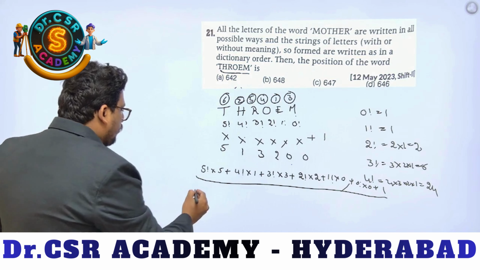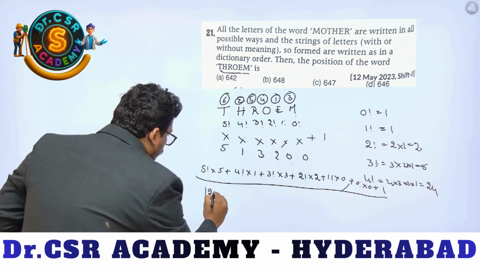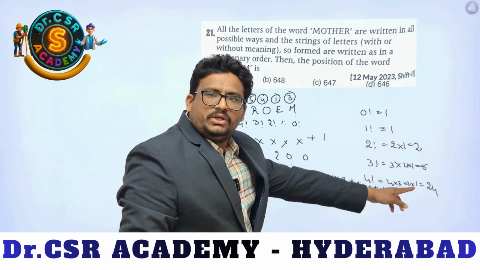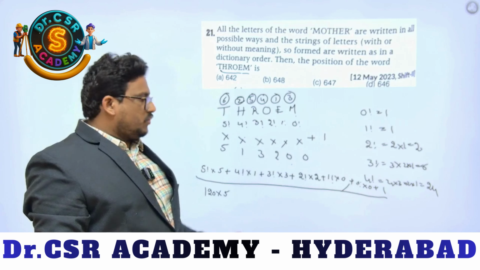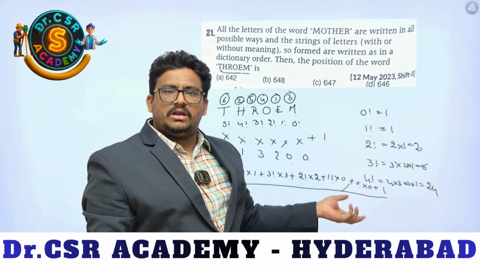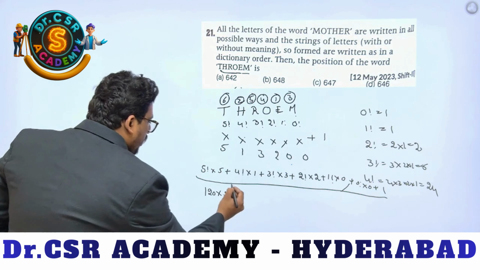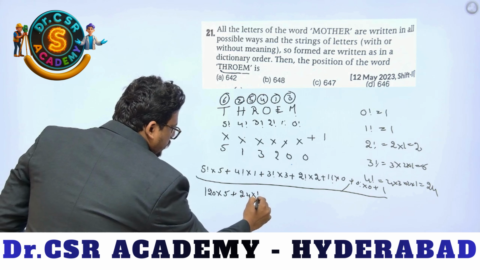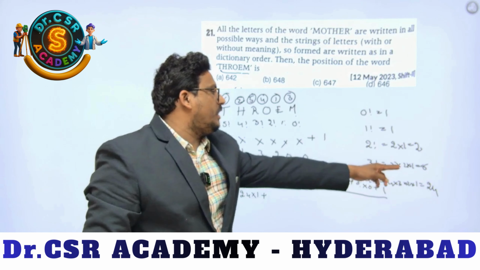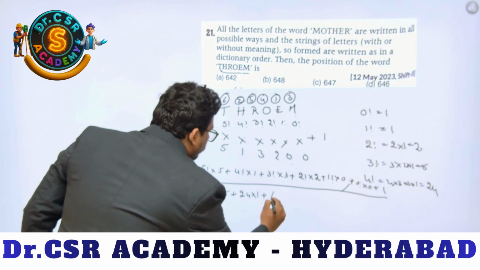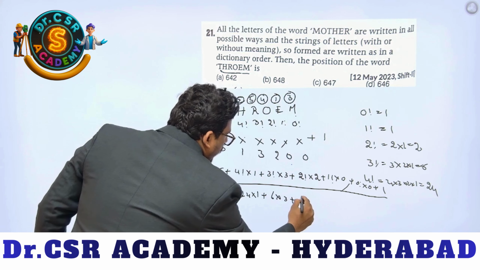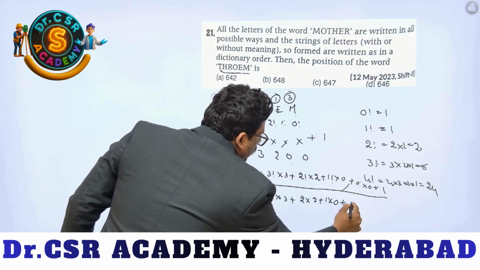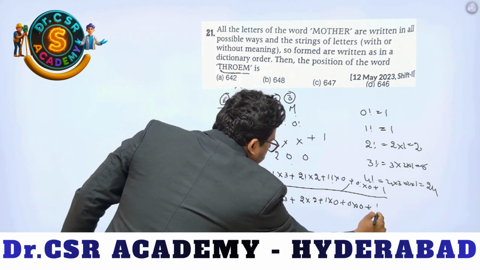So 5 factorial value is 120. I can write it now: 5 factorial is 5 into 4 into 3 into 2 into 1. So already 24, 24 fives are 120. 120 into 5. 4 factorial value 24 into 1. 3 factorial 6 into 3, plus 2 factorial is 2 into 2. 1 factorial 1 into 0, plus 0 into 0, plus 1.